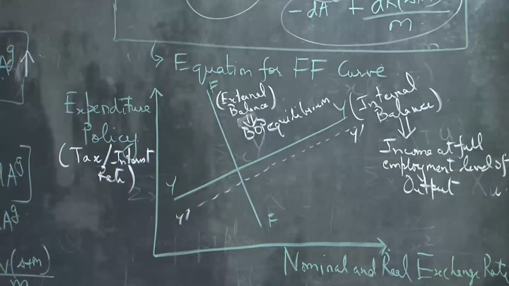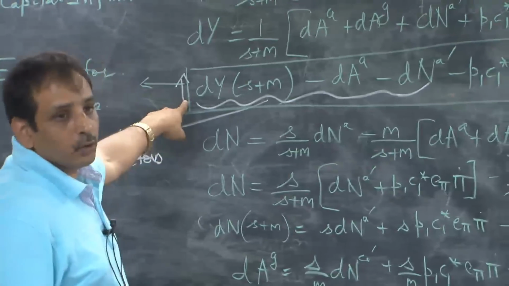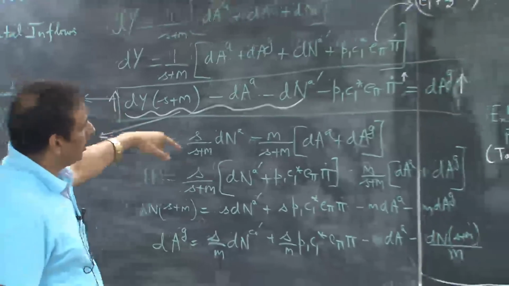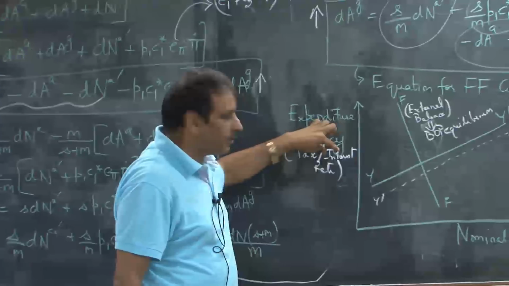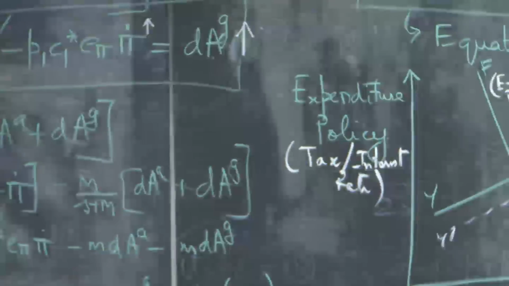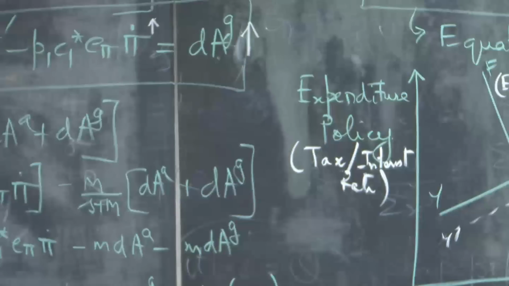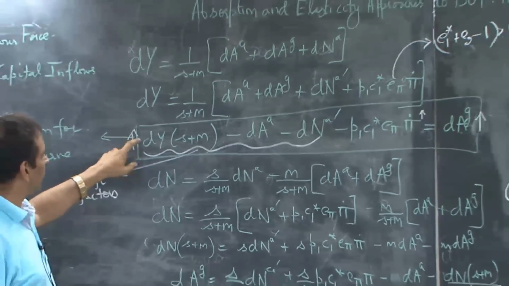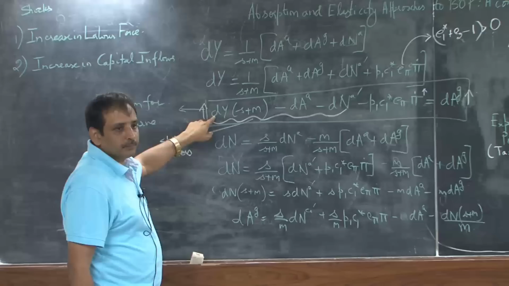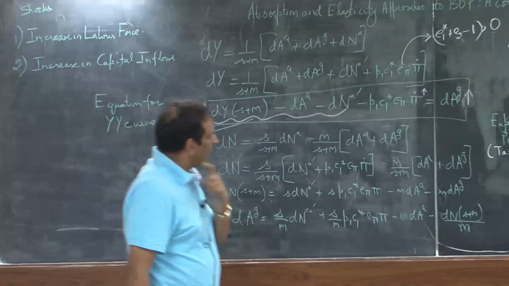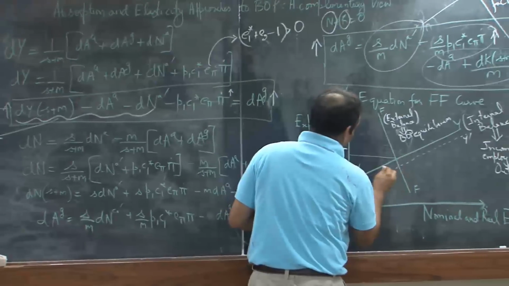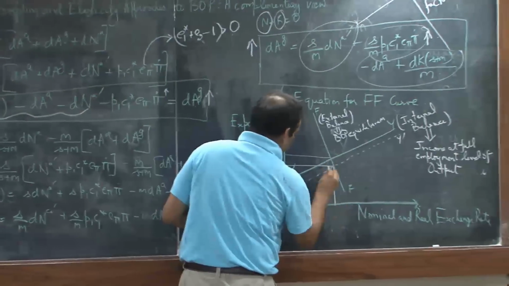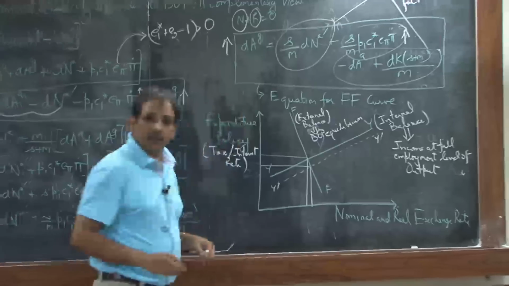And the logic is that if you need to increase the target level of income, you need to reduce taxes or interest rates, or adopt a less restrictive expenditure policy for achieving a higher level of the targeted income. So as the YY curve shifts down, you see two things happening.